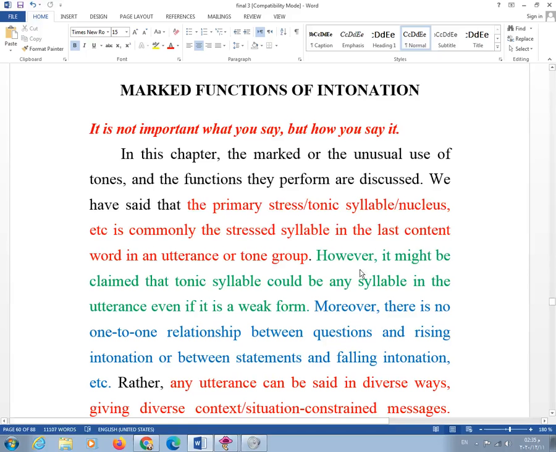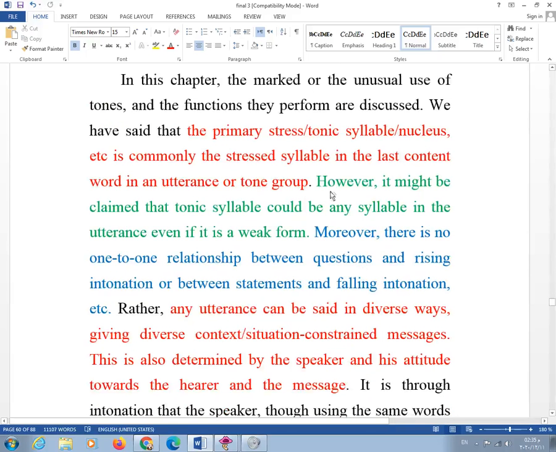However, and yes, please pay attention to this. However, it might be claimed that the tonic syllable could be any syllable in the utterance, even if it is a weak form. So there is no absolute rule saying that we must specify the tonic syllable in the last content word in a tone group and so on.